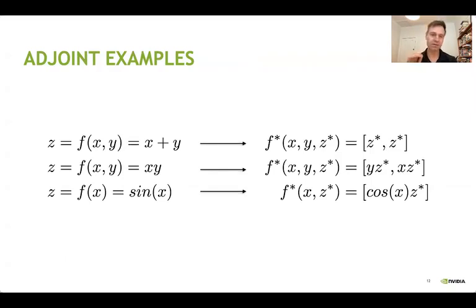And if you plug the definition of the adjoint of a function in, you can see that it has a simple definition where it's just passing back the adjoint of z, the output, with respect to each parameter. And it's the same for the product rule. And this is just a mechanical process of taking your function definition and plugging it into the definition of the adjoint and deriving these building blocks.